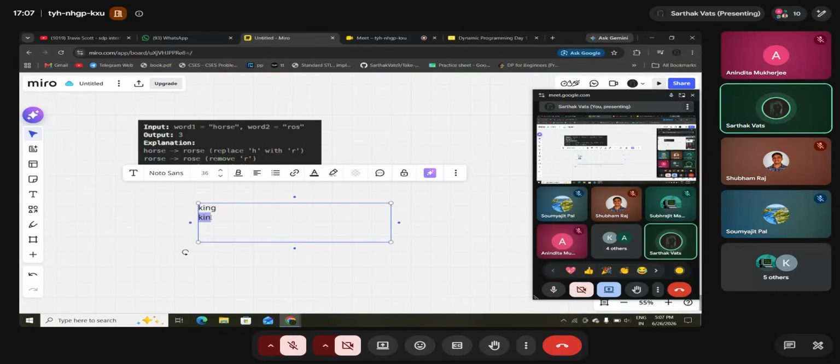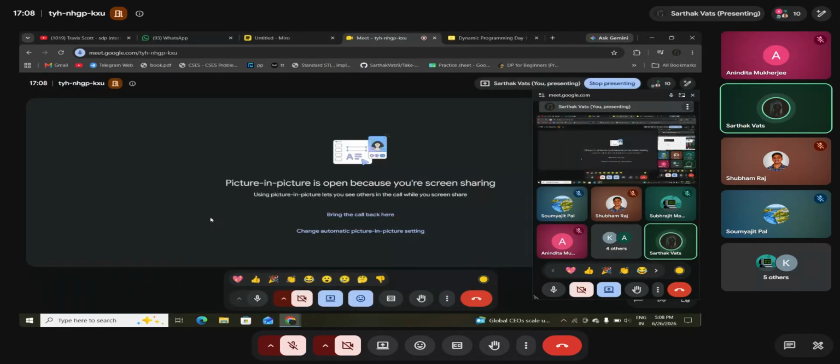So both the words become empty strings, right? Then even then your answer matches, but it's not optimal. So how do you get the optimal approach for this?